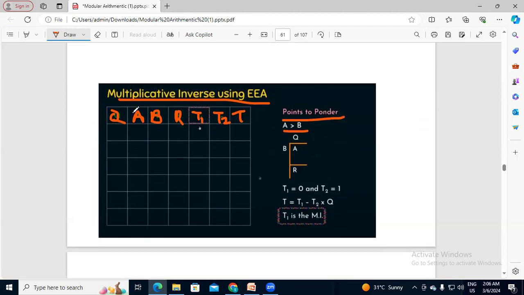And this is what the quotient is, what the remainder is, that you are already aware of. And then the initial value for T1 is 0, T2 is 1. This is initialization. And T's formula is given over here. T is nothing but T1 minus T2 into quotient. That you need to write over here. And T1 will be the multiplicative inverse.